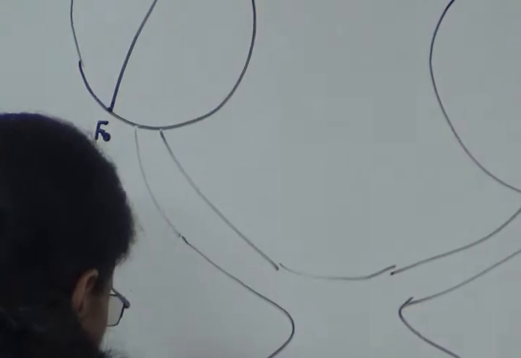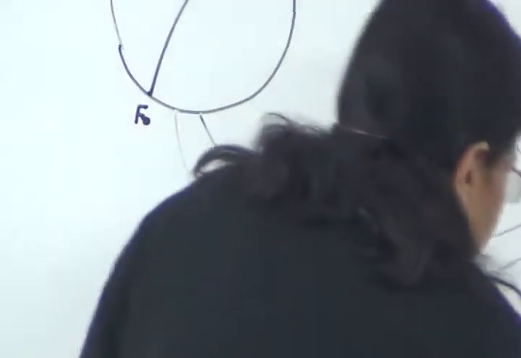So one image is here and one image is here. But my brain is not seeing two images. My brain is seeing one image. That is fusion. And once I develop fusion, then only I can develop stereopsis.